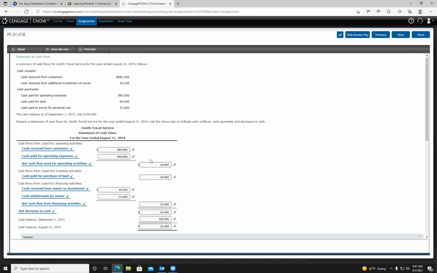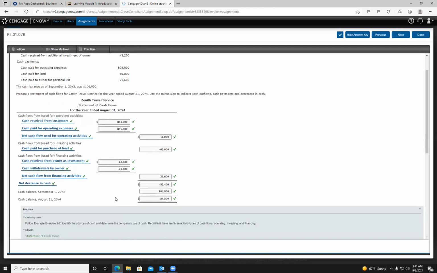Then we need to determine whether we have a net increase or a net decrease in cash. Once we added up all three of these numbers, we showed that we had a negative 52,400, which resulted in a net decrease in our cash.